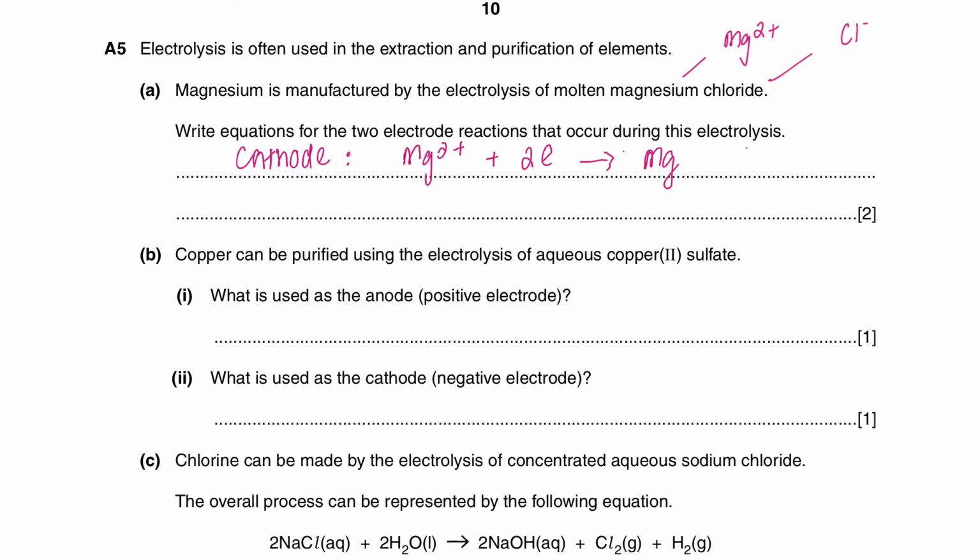And at the anode, you'll see 2 chlorine ions giving out electrons, right? This is oxidation at the bottom because that's loss of electrons. Just an extra fact, this is reduction, oxidation.